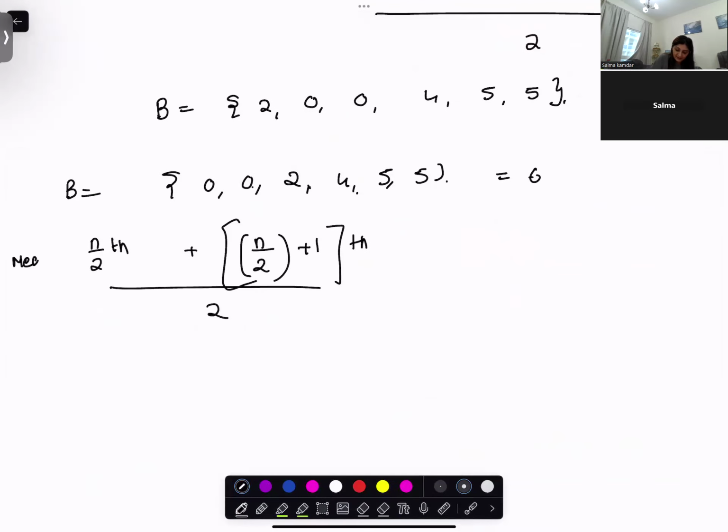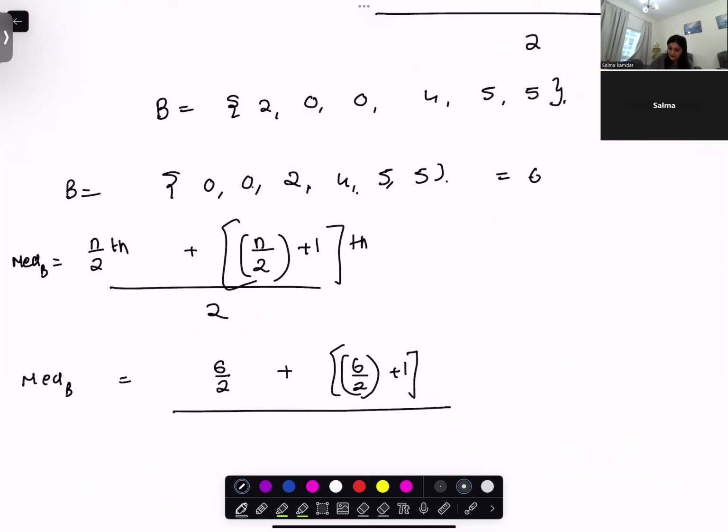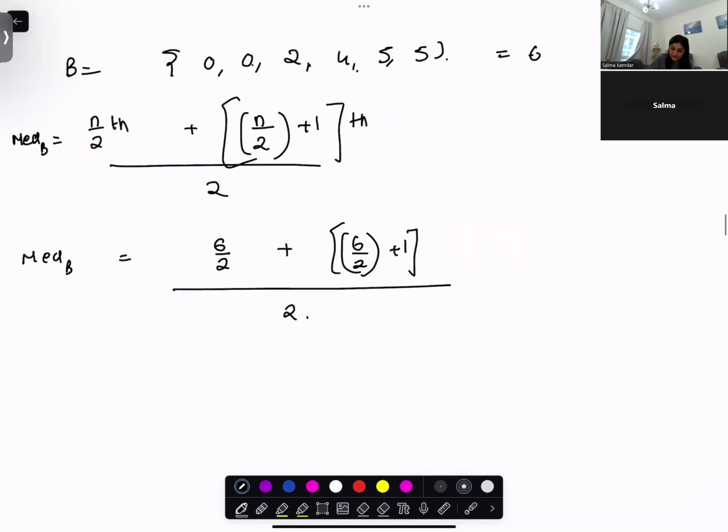So the median of B is equal to the 6 divided by 2 plus 6 divided by 2 plus 1th position, the whole divided by 2.